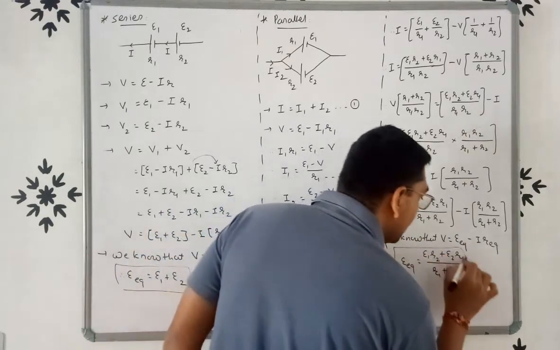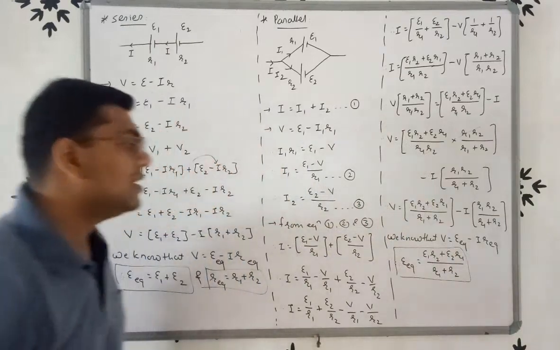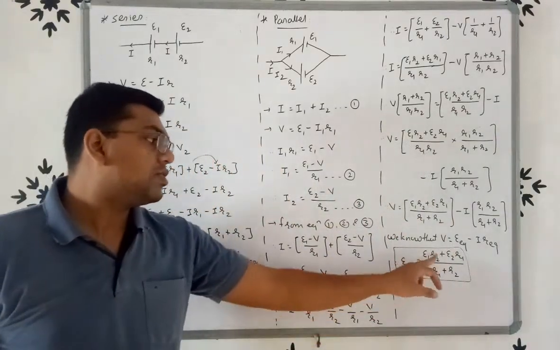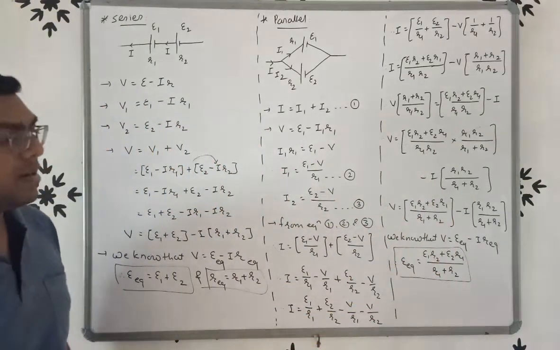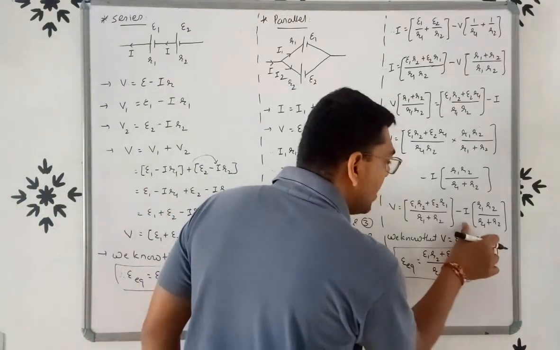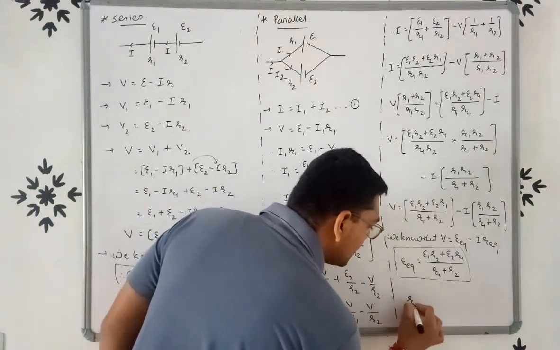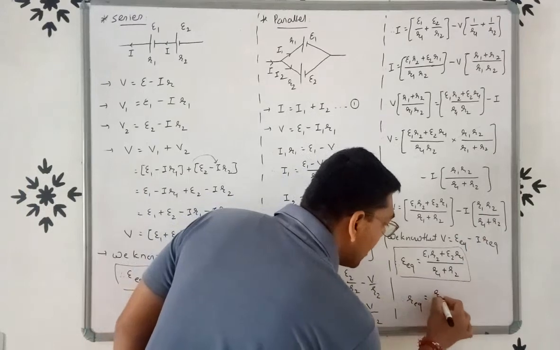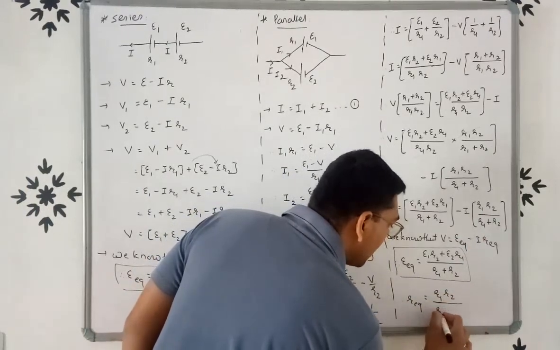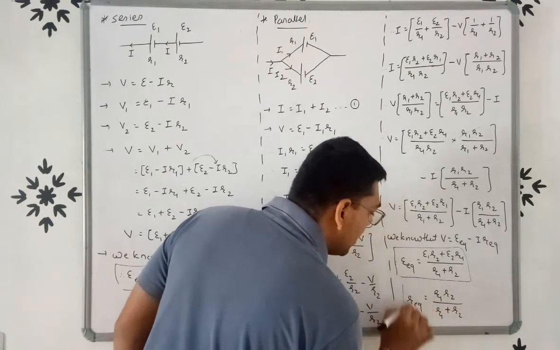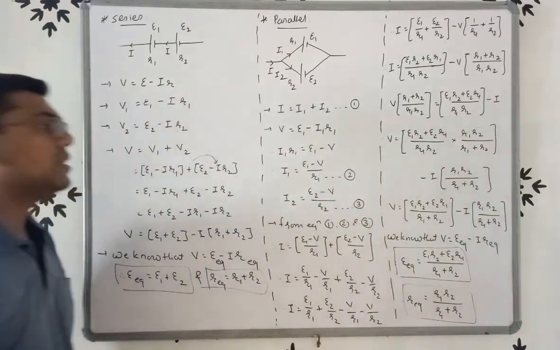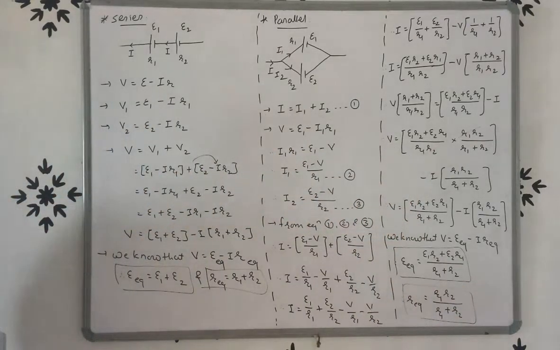So the equivalent EMF in parallel connection is E equivalent is equals to E1 R2 plus E2 R1 upon R1 plus R2, and the value of R equivalent is R1 R2 upon R1 plus R2. So this is the series and parallel combination of cell.